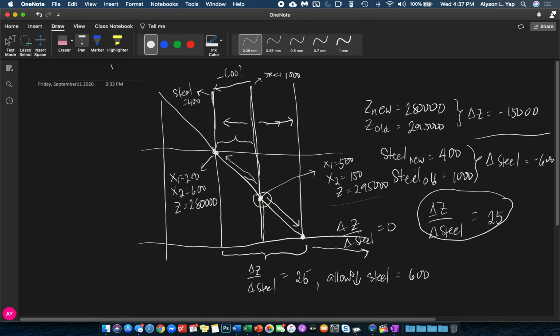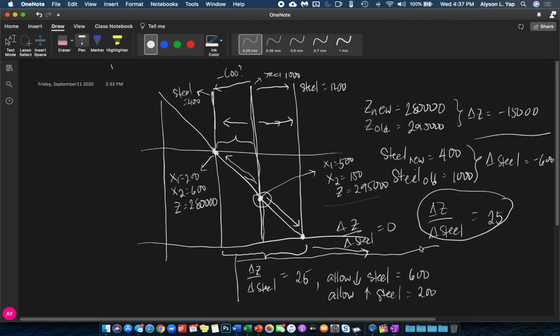So it's an allowable reduction of steel by 600. And at this vertical line, your steel is equal to 1,200, which means you are allowing an increase in steel by 200.